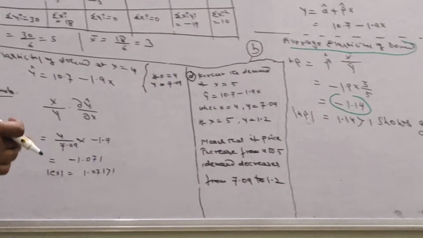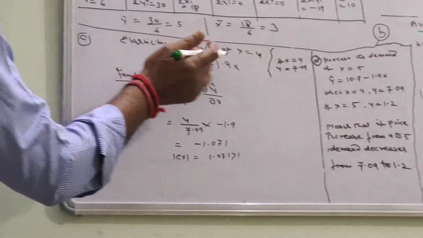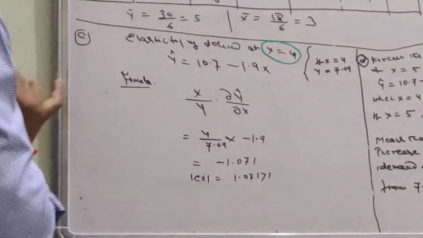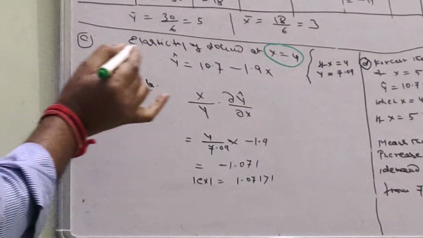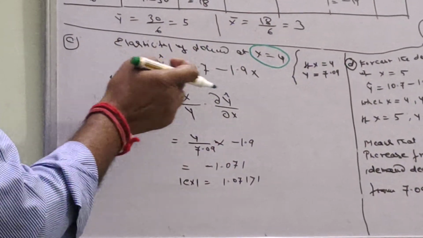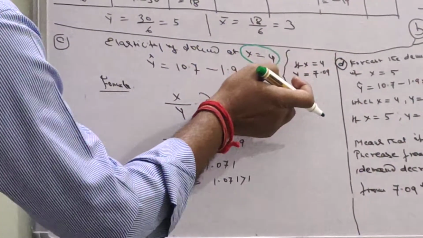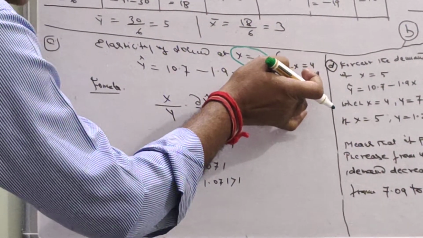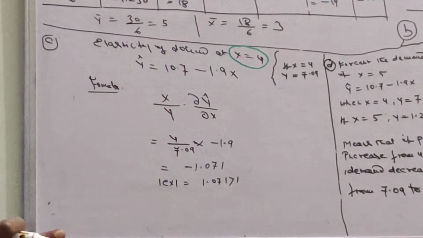Now we will have to find here the elasticity of demand at a particular point, x equal to 4. This is the estimated demand function. If x equal to 4, then y equal to 7.09.